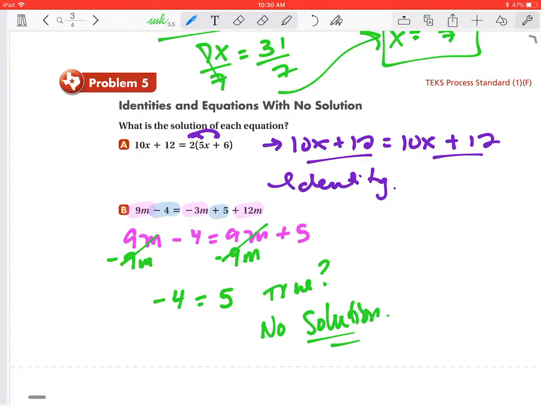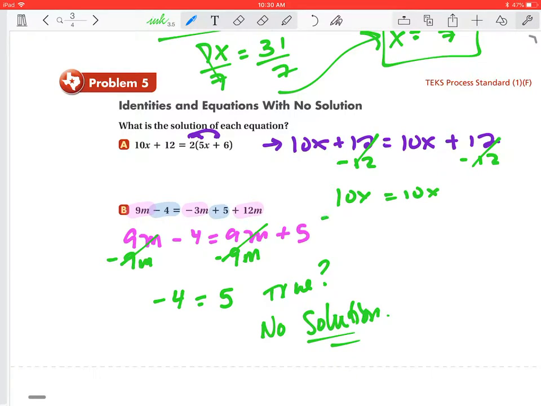Now, do not think that just because you have just constants left in your equation, that it's no solution. Because if we look back here at the identity, if I subtract 12 from both sides, those cancel out. So then I'm left with 10x is equal to 10x.